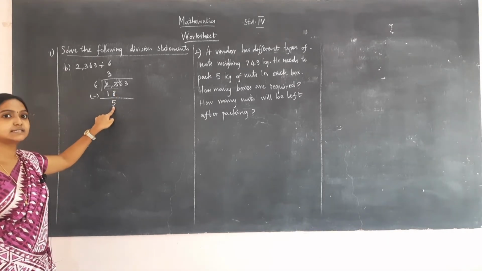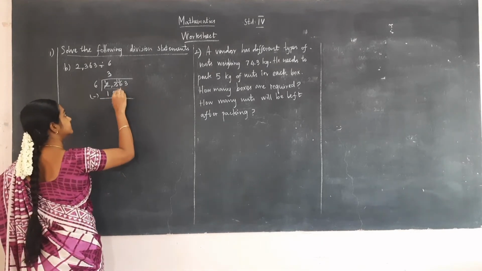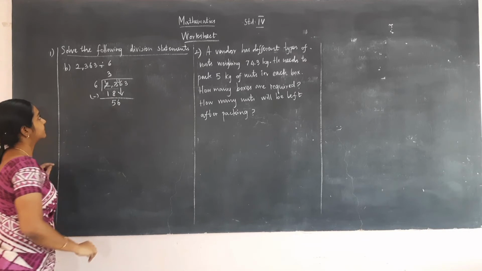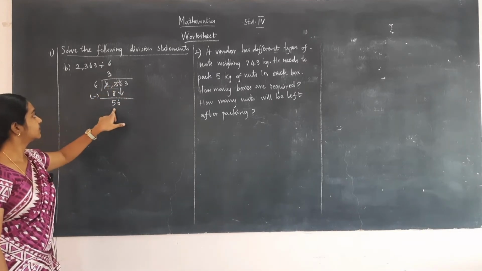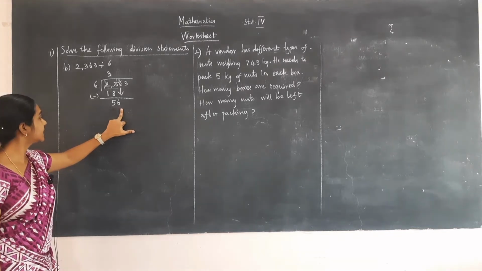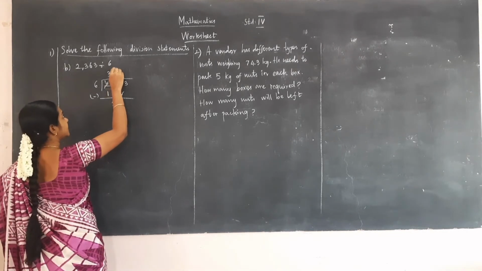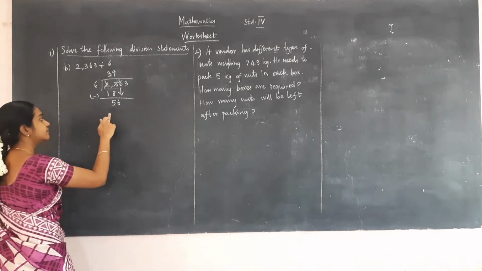5 is less than 6. So bring down the 6 here. Look at the number that is nearer to 56. We will get 9 6 are 54. So write 9. 9 6 are 54.